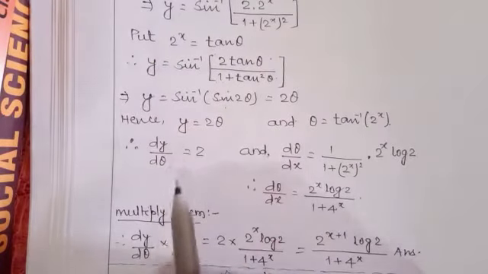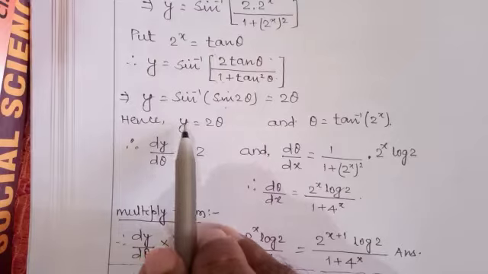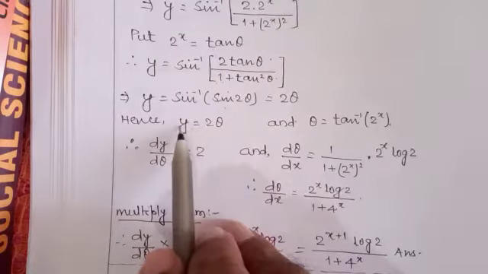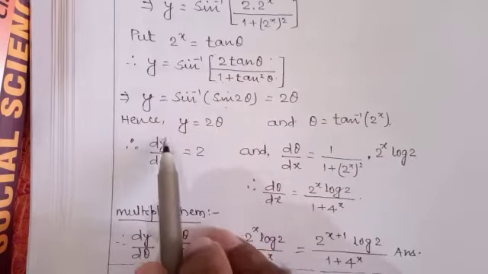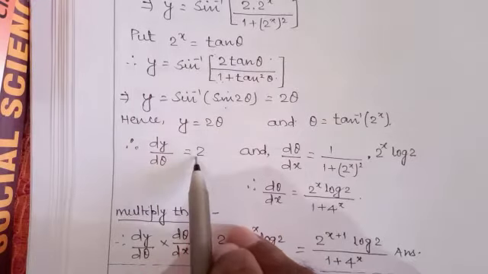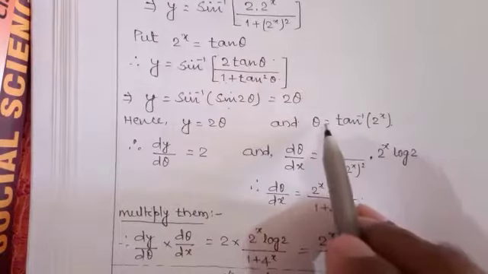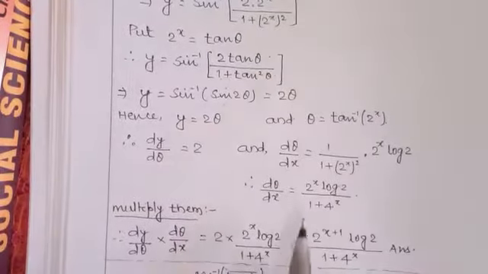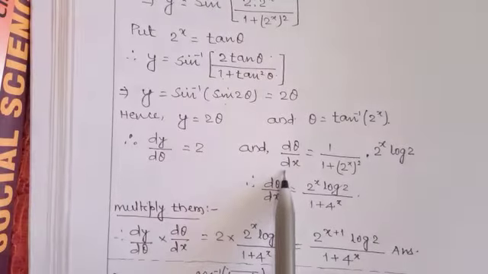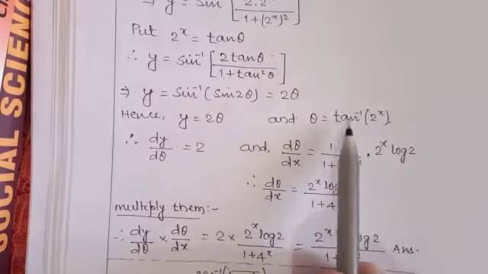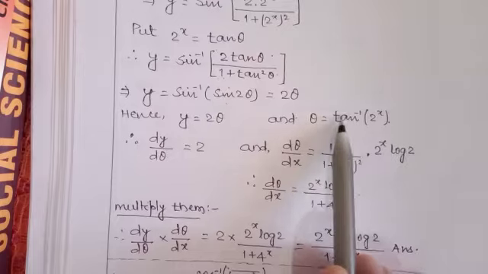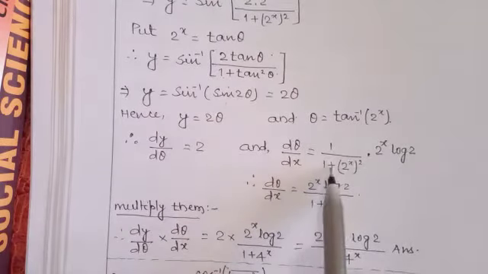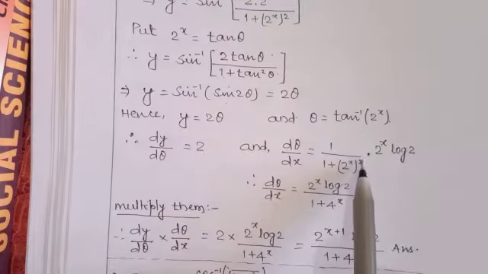Differentiate each of the terms. Since y is a function of theta, on differentiation we will get dy upon d theta, which is 2. Here theta is a function of x, so on differentiation we will get d theta by dx. Differentiation of tan inverse x is 1 upon 1 plus x square, so it should be 1 upon 1 plus (2 to the power x) square.